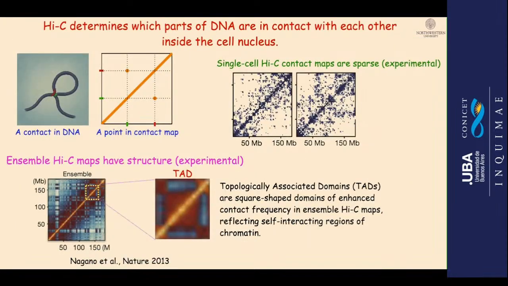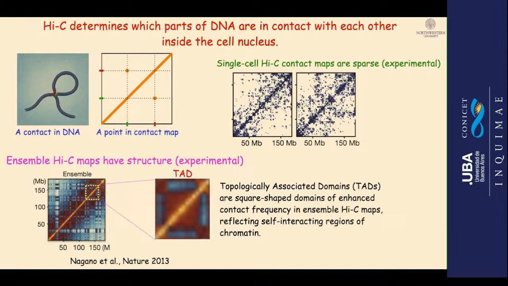Hi-C is an experimental technique to reveal contacts in the chromatin DNA. The results are displayed as a 2D contact map with the color reflecting the contact frequency. Single cell contact maps are limited and do not immediately reflect any pattern.